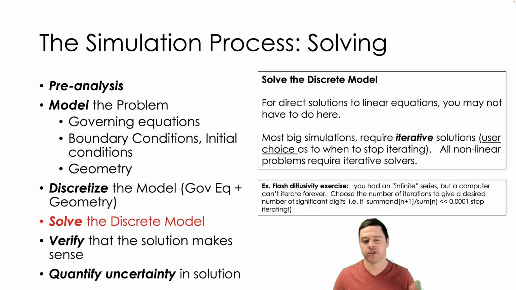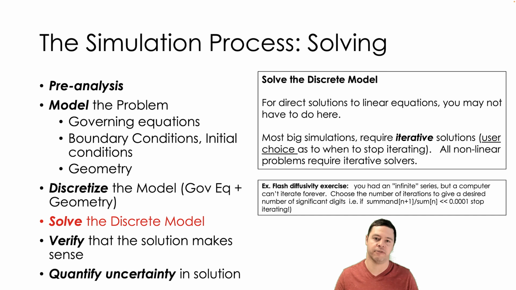So Newton's method is a method you use to iterate to solve a single algebraic equation. The Newton-Raphson method is like the multi-dimensional analog of that. If you have a large system of nonlinear equations, you will have to iterate to get the solution.